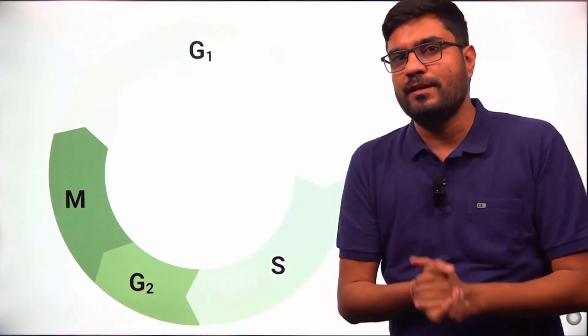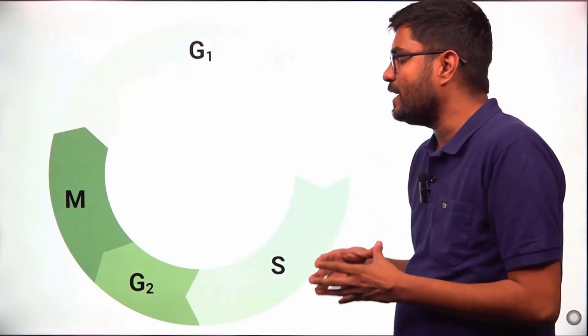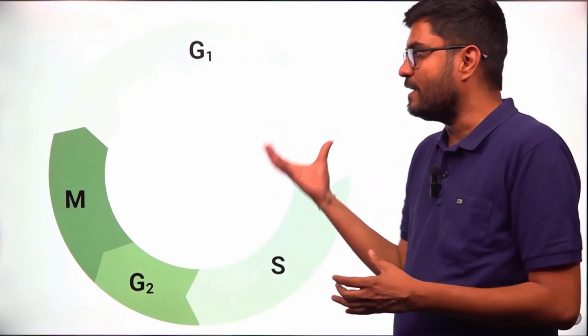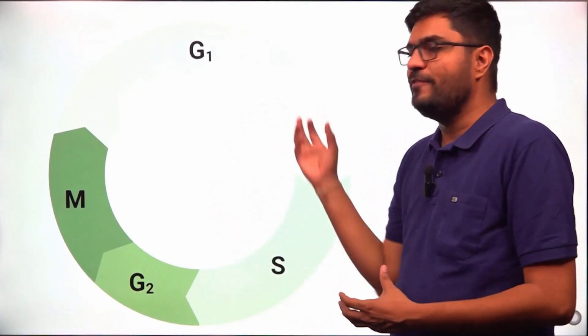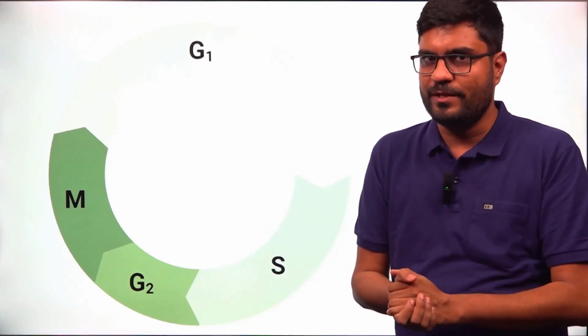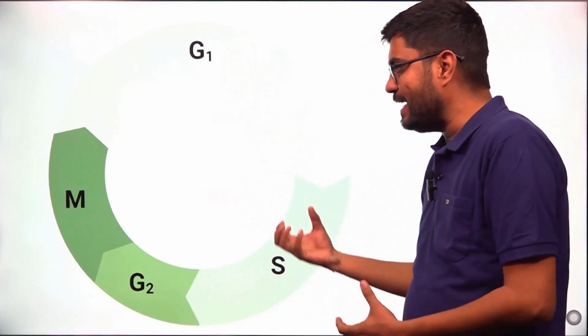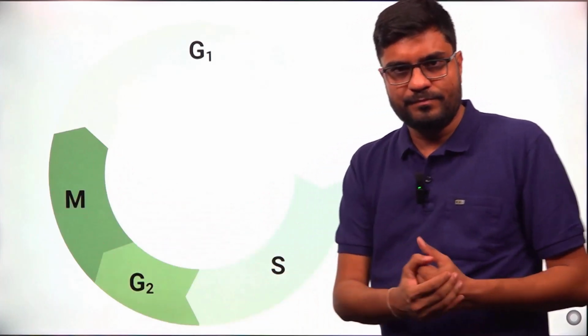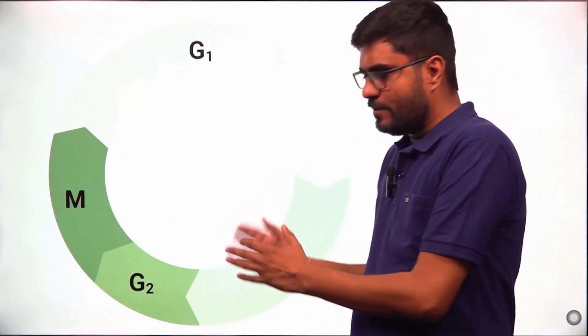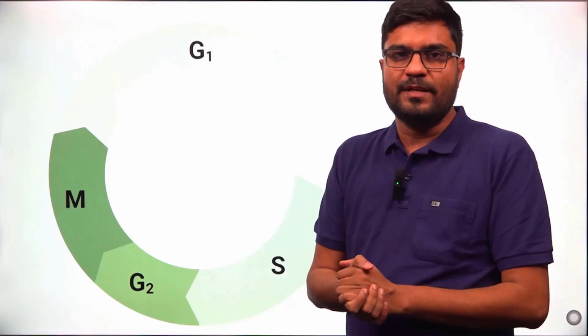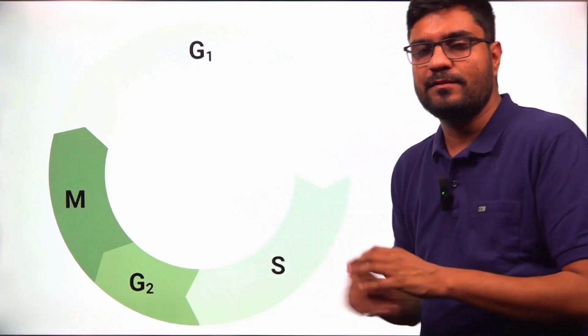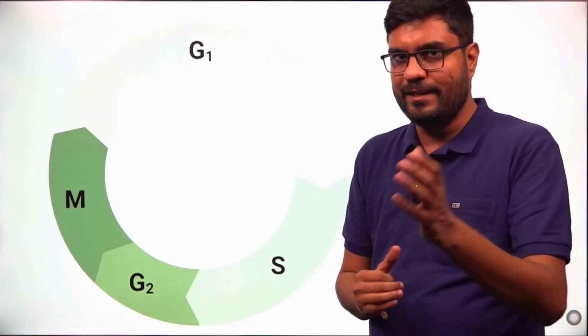So guys, now we understand how we can analyze the cell cycle or its different phases by using flow cytometry. So we are having phases of cell cycle, that is G1, S, G2, and M. But to analyze it with the help of flow cytometer, we have to look at the cell cycle from the point of view of DNA.